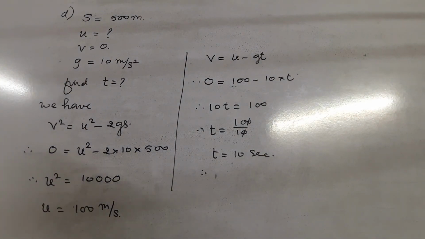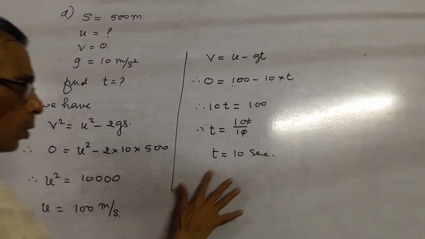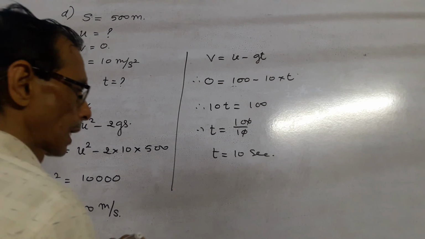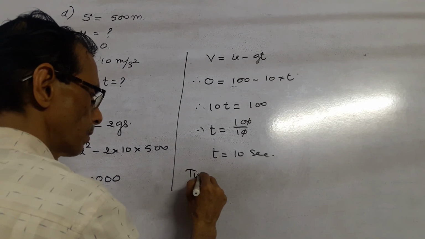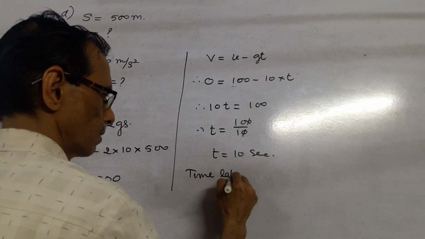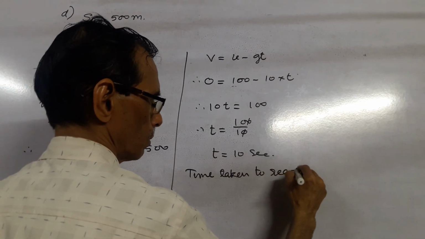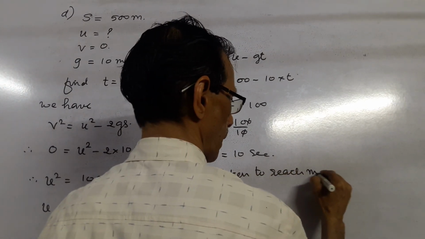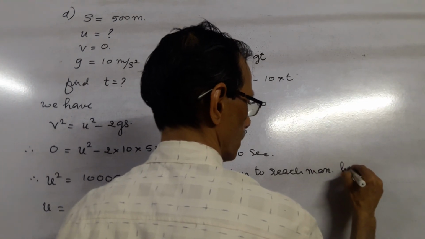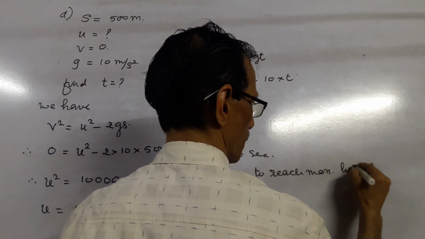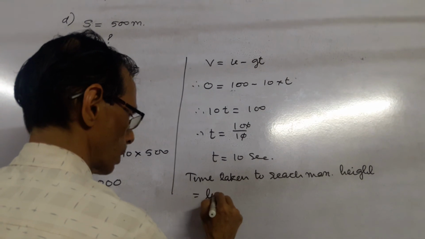And that's to go and come back. So just to go will take 10 seconds. But time taken to reach maximum height is equal to time taken to come down.